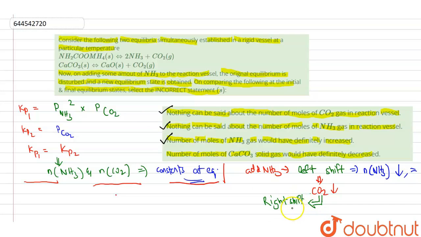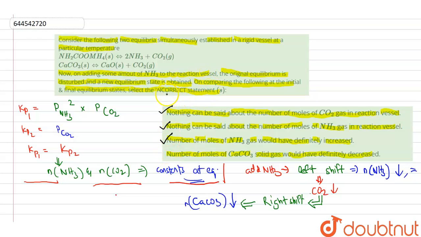So due to this right shift, the number of moles of CaCO3 will decrease. So this statement is actually true, but it is not our option.